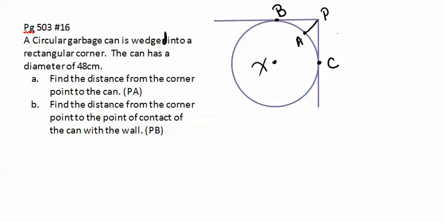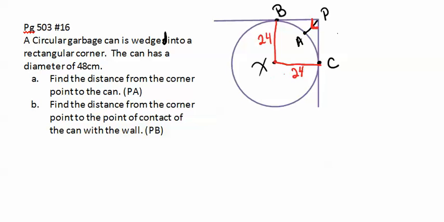So we'll start with, since we know that the diameter is 48 centimeters, we know that the radius will be 24. So we'll connect the radius to points B and point C. Now, because we know it's a perfect circle and because we know it's a rectangular corner, we know that this is 90 degrees.